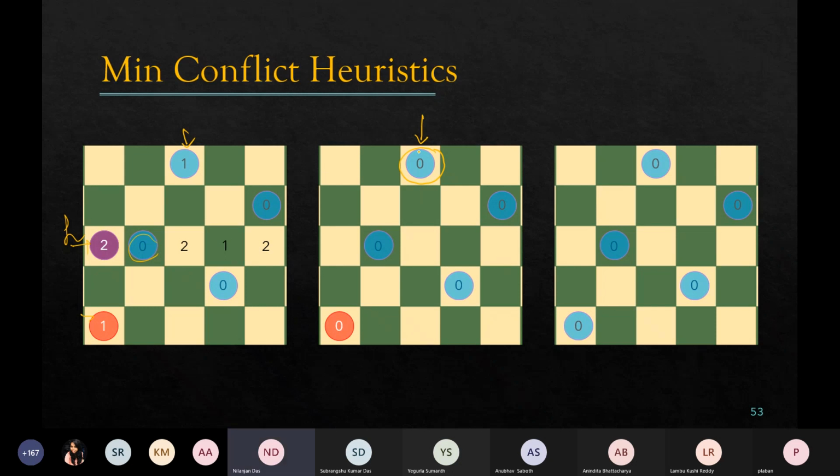So, sir, in this case, what we are doing is collecting all those variables which have some amount of conflict, and then irrespective of the number of conflicts, we are randomly choosing any one. Right. So, sir, if we do it this way, that every time we choose the variable with already minimum conflict, will it not improve the algorithm?